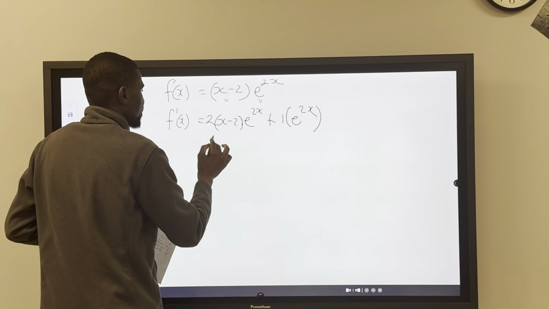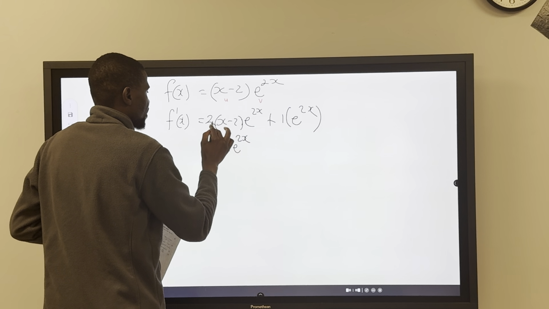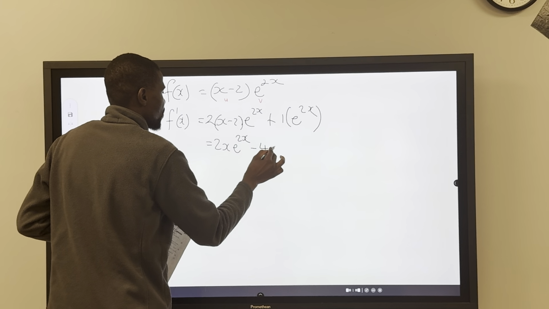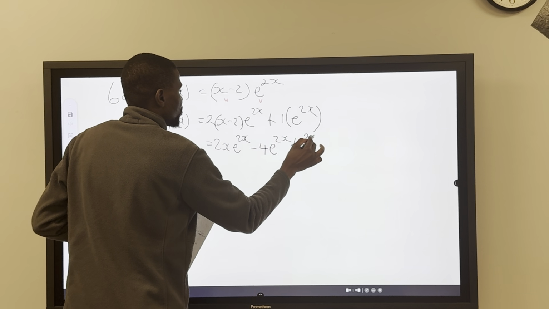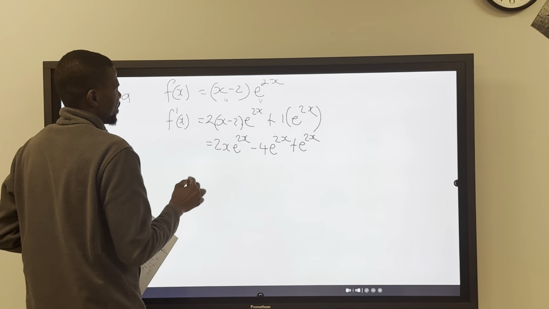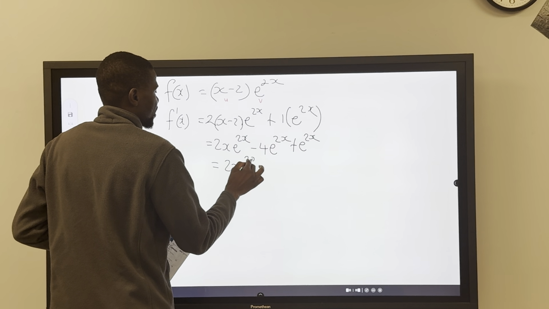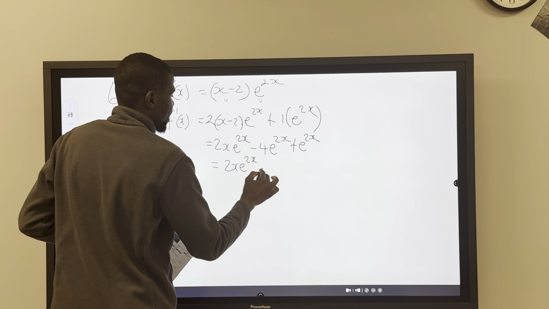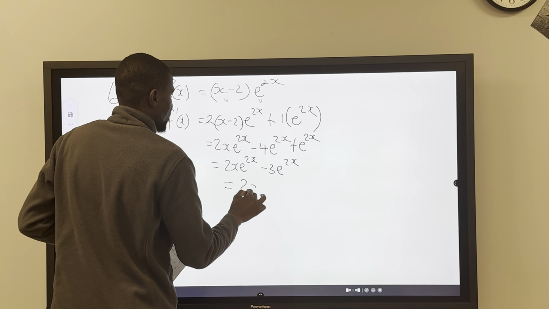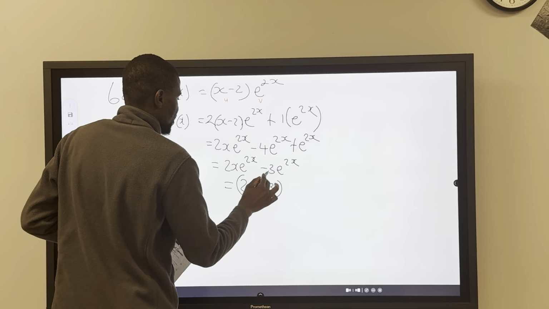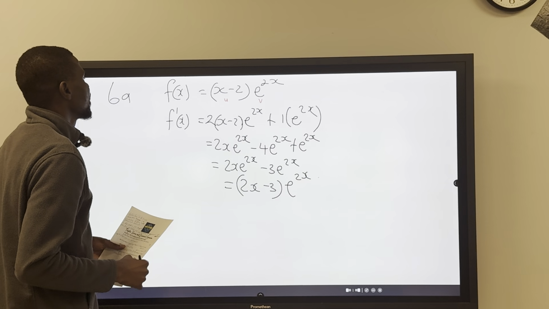So if I expand, it's 2x e to the 2x, this and that, minus 4 e to the 2x plus e to the 2x, right? Which is equal to 2x e to the 2x minus 4 plus that is minus 3 e to the 2x. Then I'll take out 2x minus 3, so I'll take out e to the 2x, right?